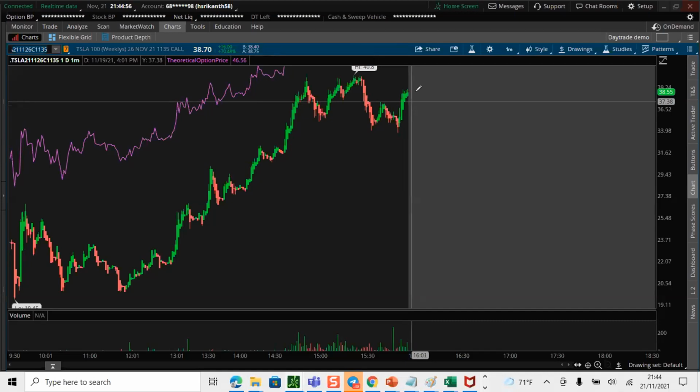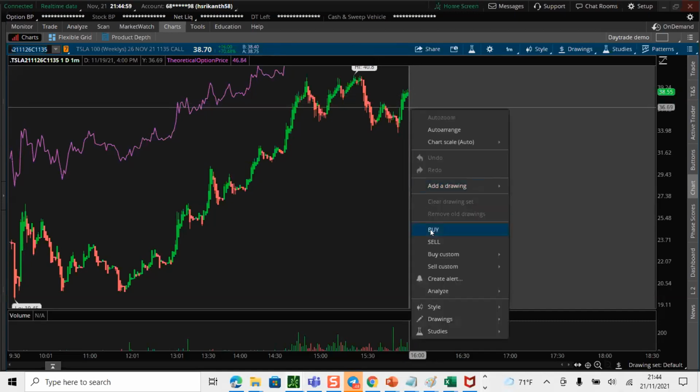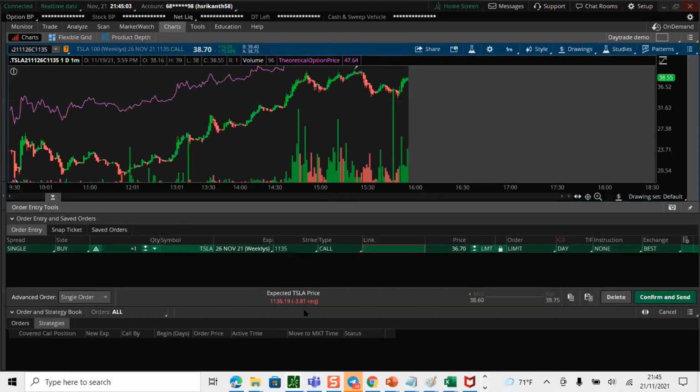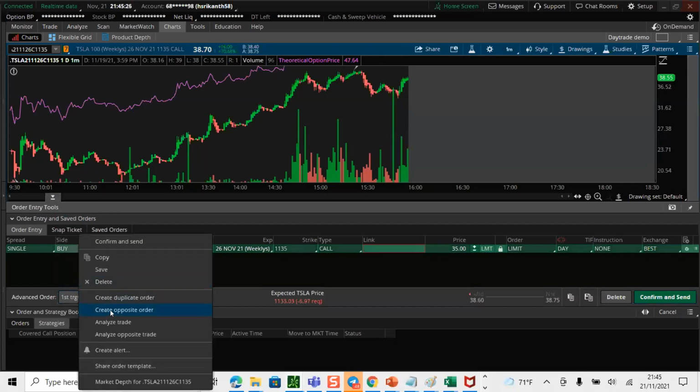So how can you do that? Right click, I'm going to buy. I click on edit, and I want to buy the Tesla options. Let's say I want to buy at 35, and I'm going to create a first trigger sequence right here, and right click, create an opposite order.